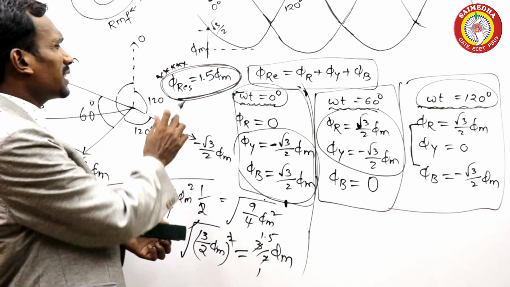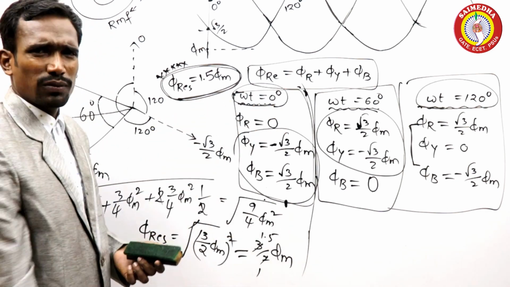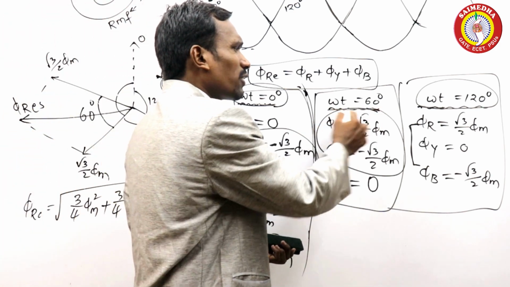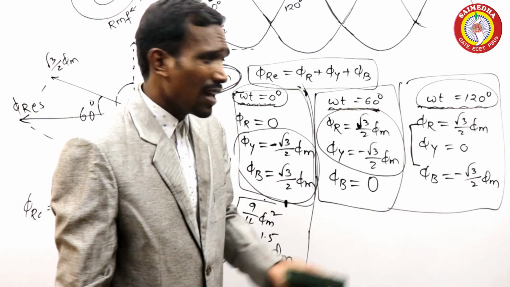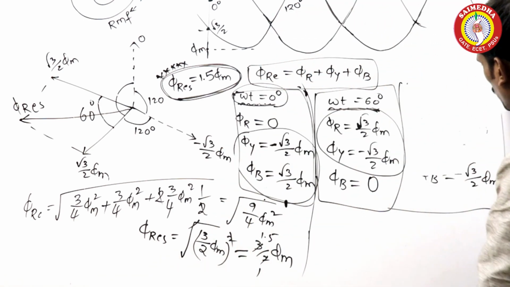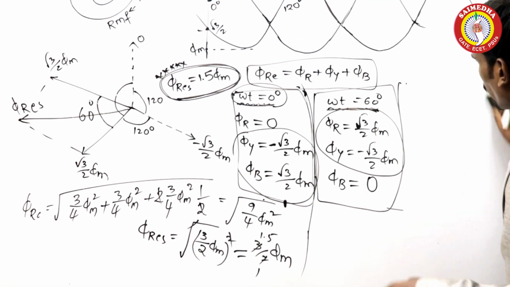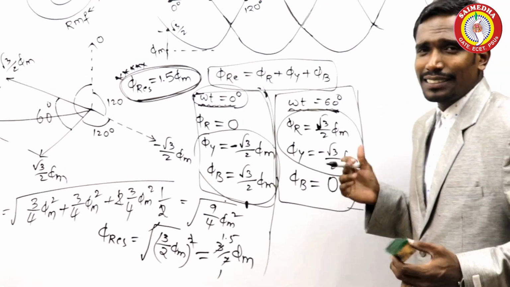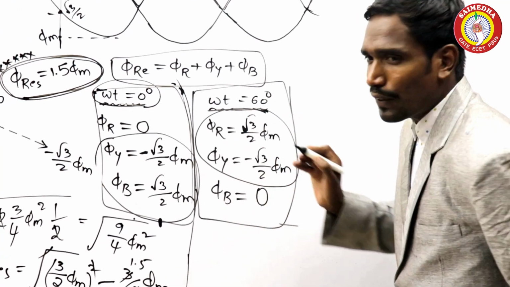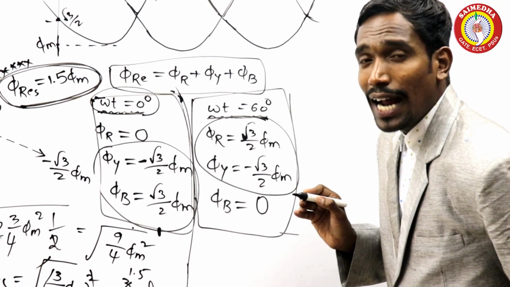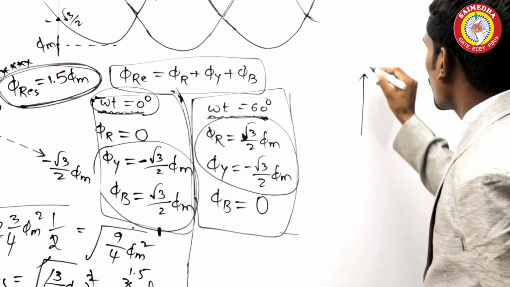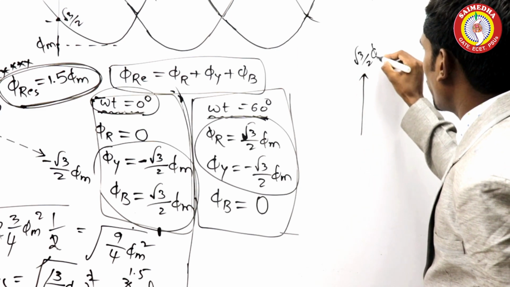Right, sir? Now, this is for omega t equal to 0. If we calculate at omega t equal to 60 degrees, see here once. For omega t equal to 60 degrees, what are the values? At omega t equal to 60, phi r is positive, plus root 3/2 phi m.